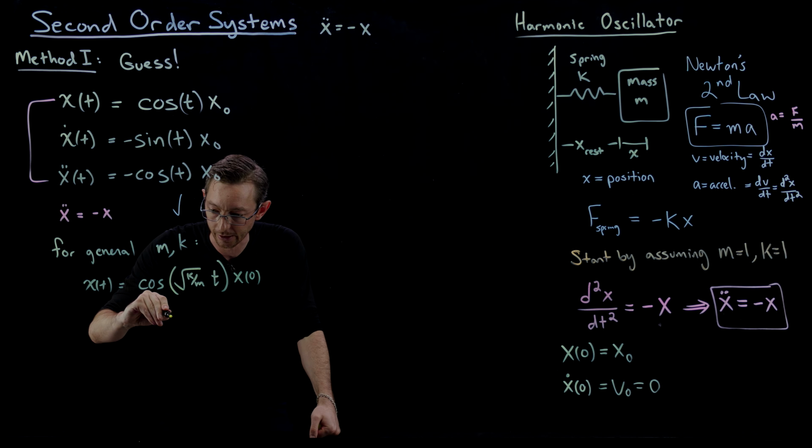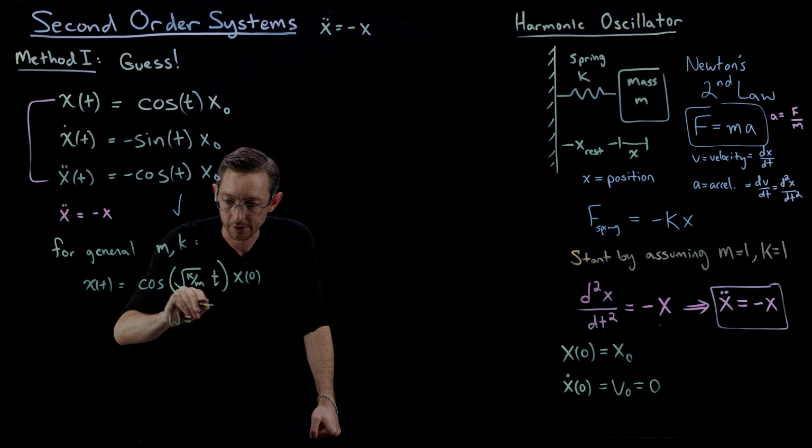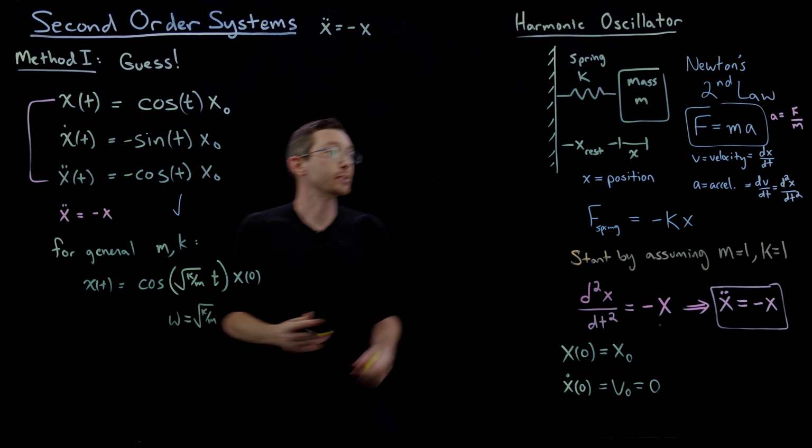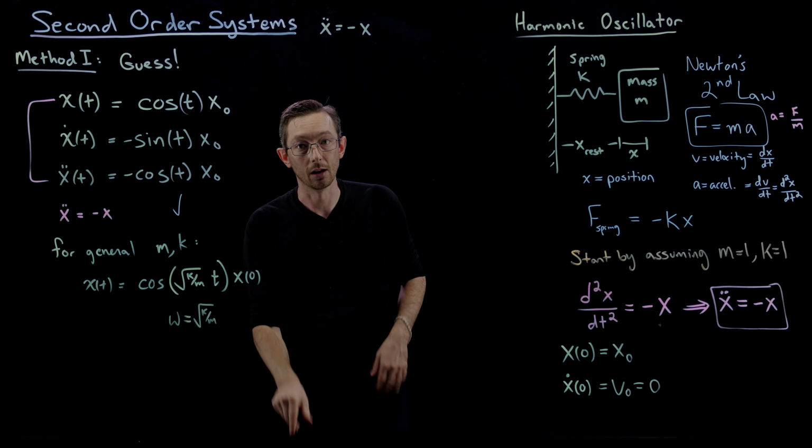So you're basically going to have omega equals root k over m is going to be the natural frequency of that oscillating mass on a spring, okay?